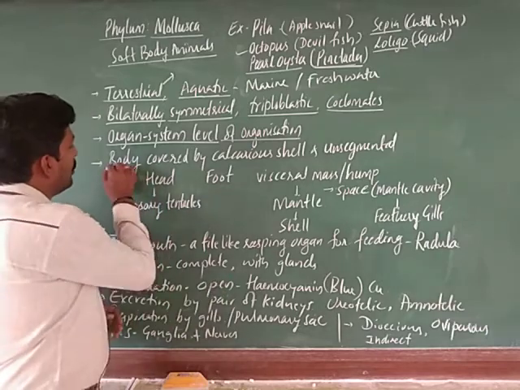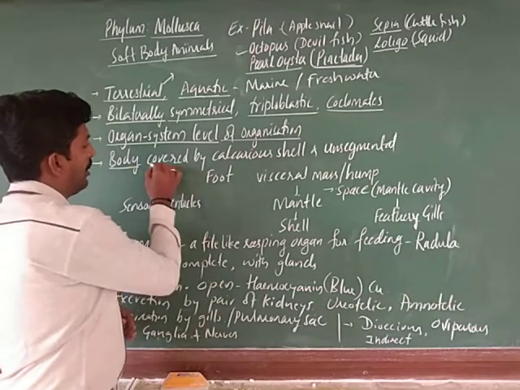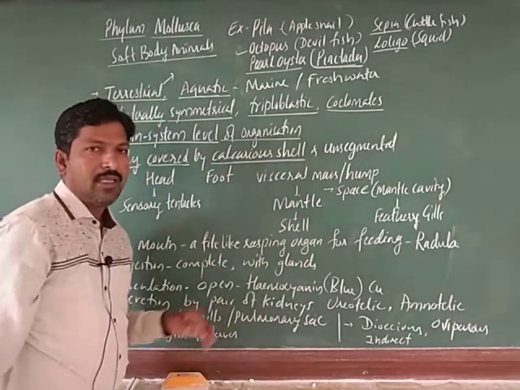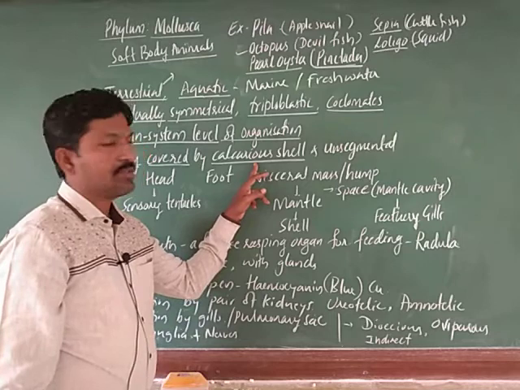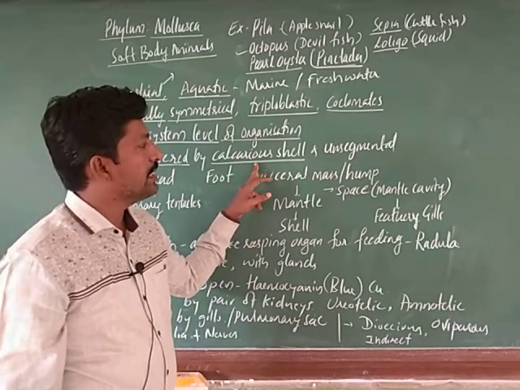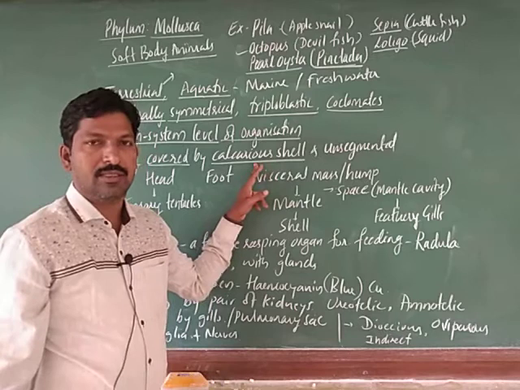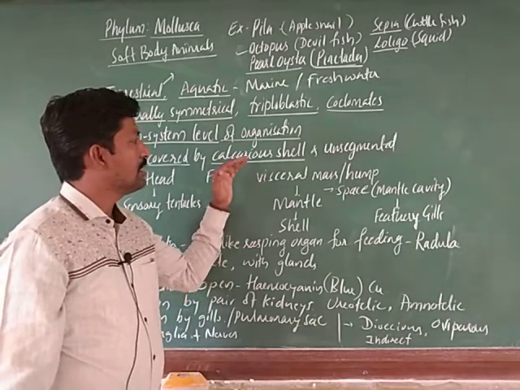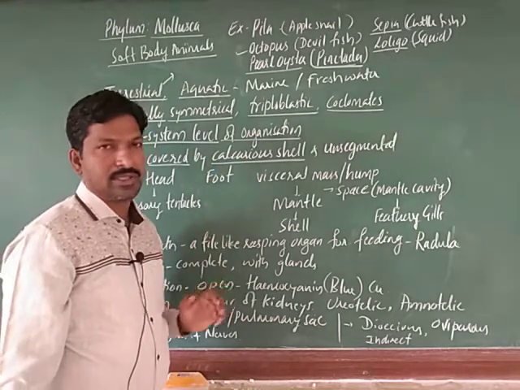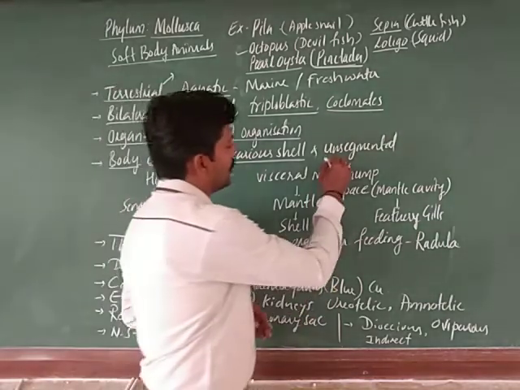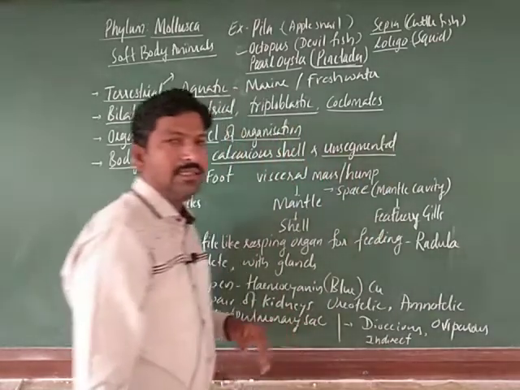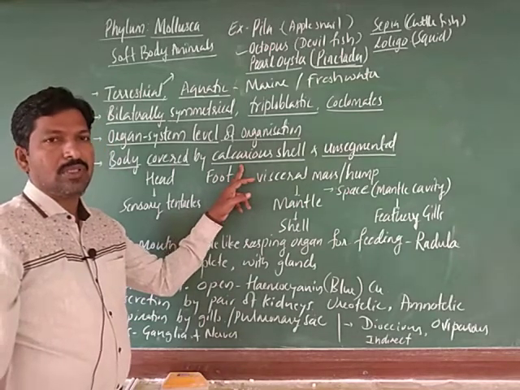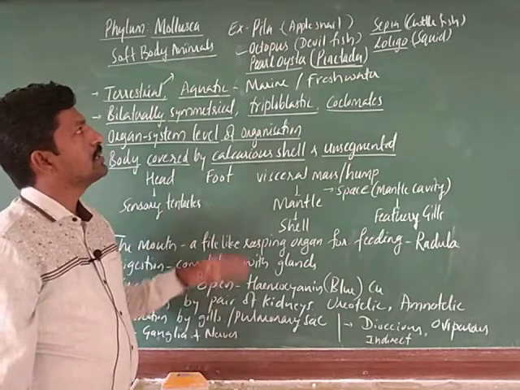And next, the body is covered by a calcareous shell, as I explained already. The calcareous shell is made up of calcium carbonate, which is secreted by the body layer, mainly the visceral mass, through the mantle, right. The body is said to be unsegmented, but we observe the calcareous shell in most of the mollusks, though in some cases we may not.